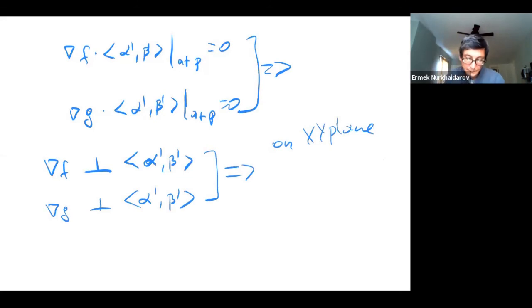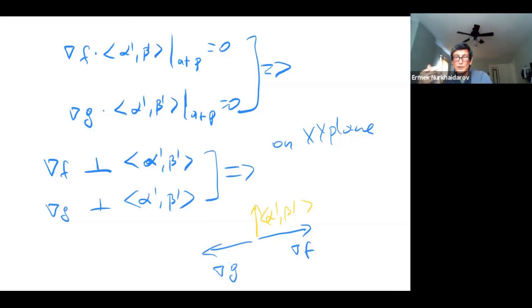You have the alpha prime, beta prime vector, and you have gradient f, which is perpendicular to it, and gradient g, which is also perpendicular to it. If they are both perpendicular to it, therefore they are supposed to be parallel, and don't forget, that's at P.